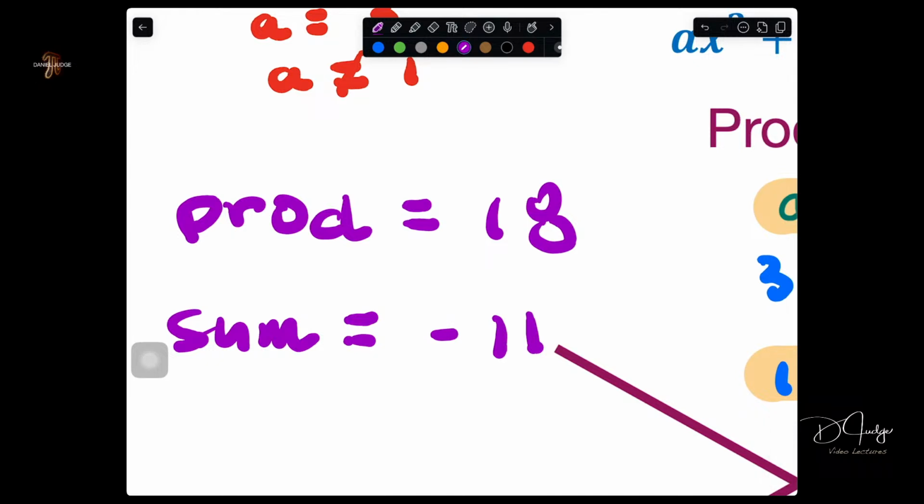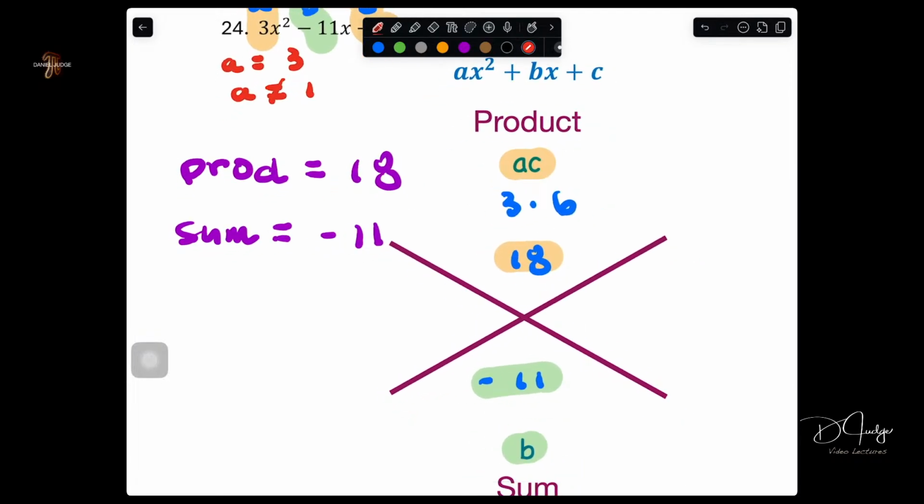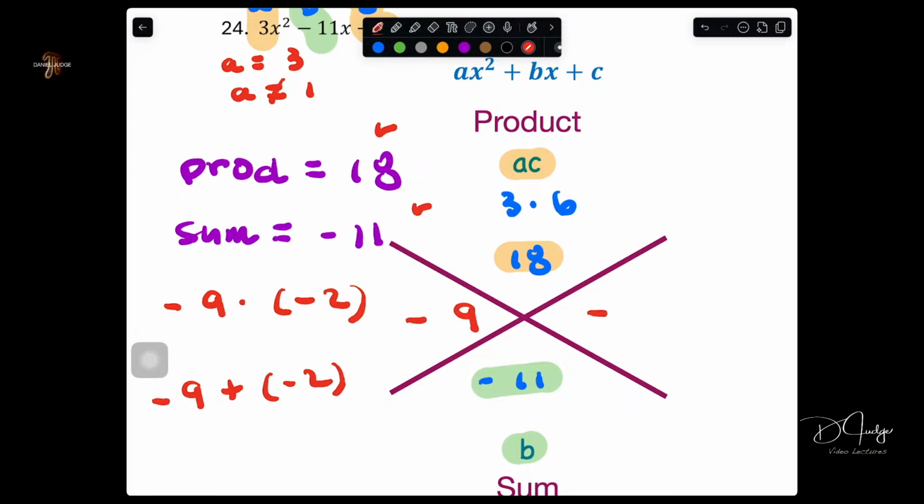So if the sum's going to be negative, that means both numbers are negative. So two numbers multiplied together that are negative that give you 18. Negative 9 times negative 2 is a positive 18, but negative 9 plus negative 2 will be negative 11. These are the two numbers.